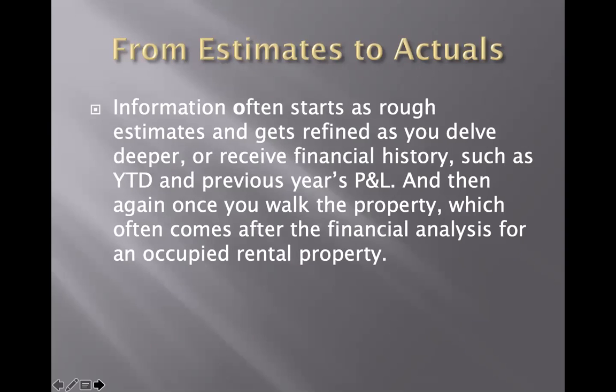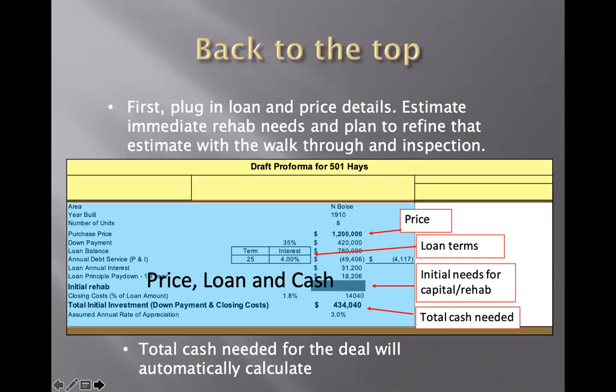And then it gets refined again once you walk the property and do a home inspection. This often comes after the financial analysis when we're dealing with occupied rental properties. Usually that walkthrough doesn't happen until you've already become comfortable with the numbers. If the numbers work, then proceed. If the quick and dirty rough estimates look okay, then proceed.